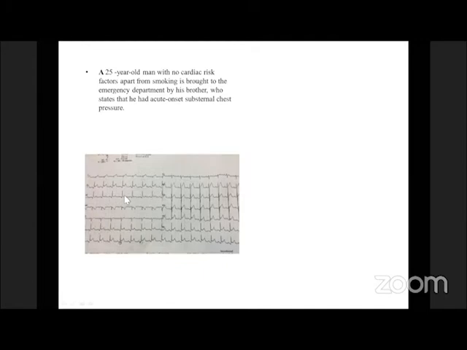It's not localized, involving anterior leads and inferior leads. And there's PR segment depression with reciprocal PR segment elevation in aVR. And the pattern of the ST segment is concave shaped. So this ECG is typical of pericarditis.